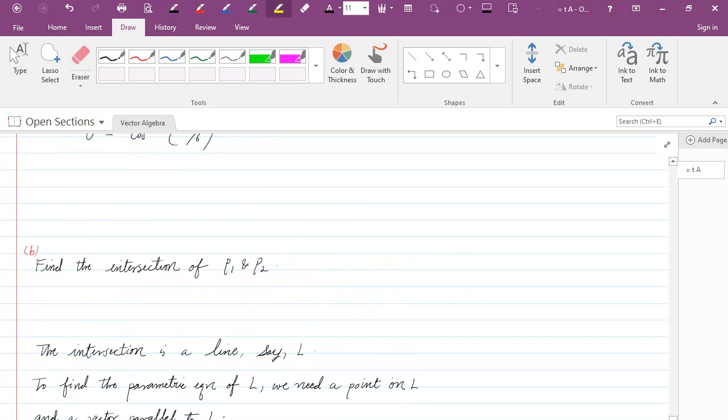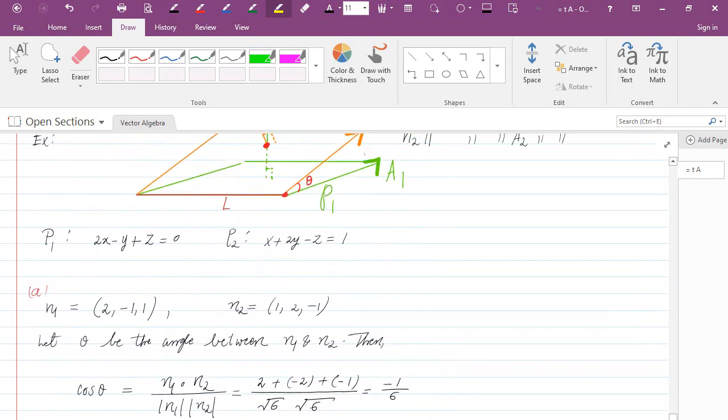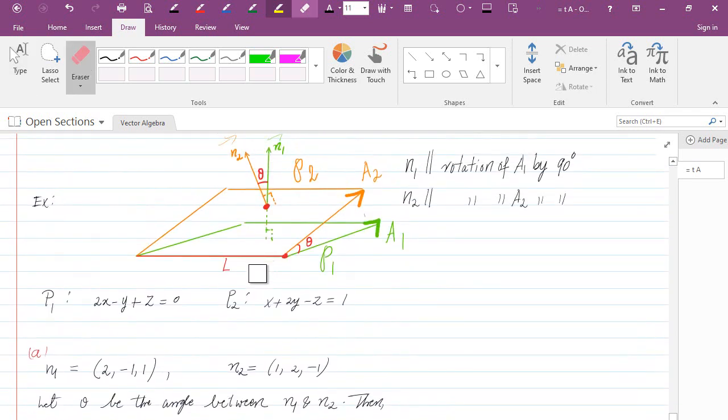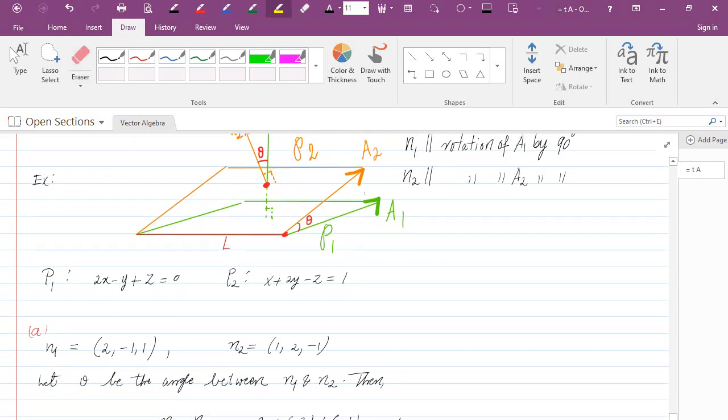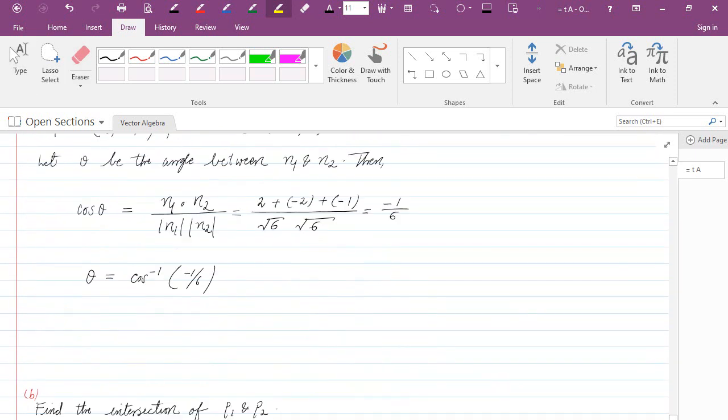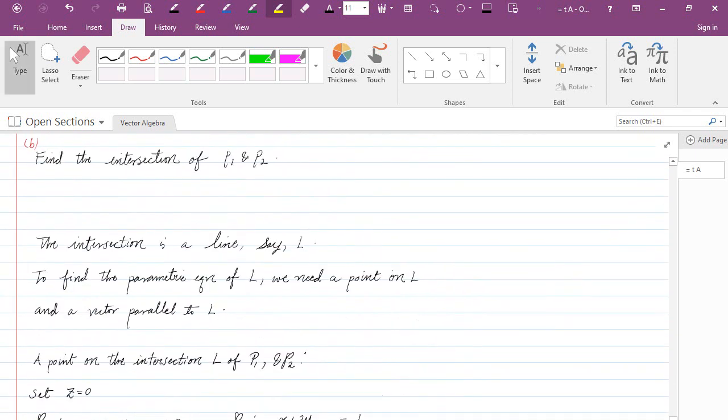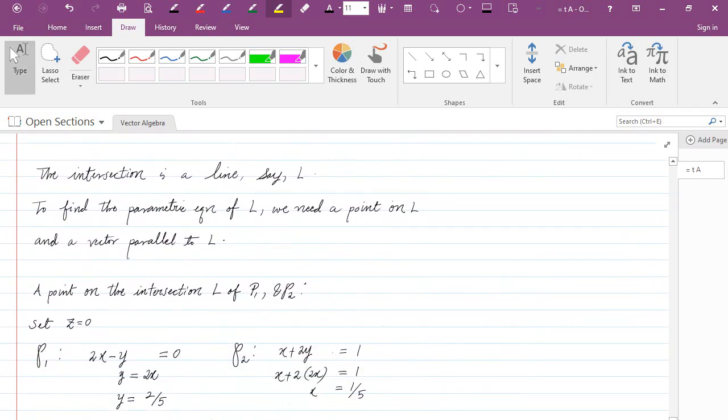So how do we find a point on the intersection of the two planes? Well, because the intersection is a straight line, that's an infinite line. So at least one of the variables can take on any real value. So what we're going to do is set z to whichever value we like.